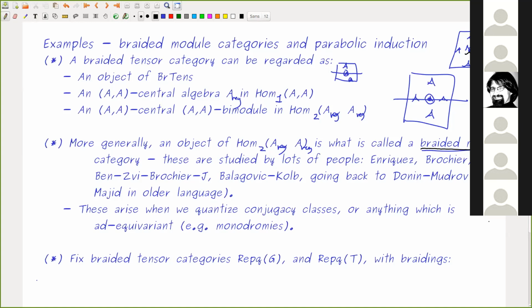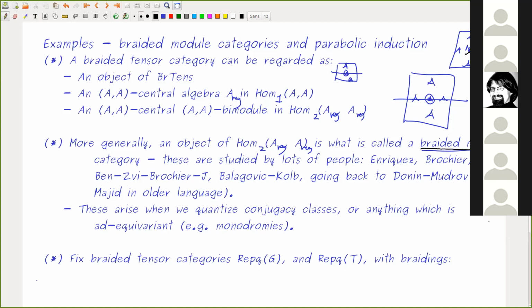They go back to early work on integrable systems of Donin and Mudrov, Majid, and so on. It's not exactly answering Greg's question, but the way that they arise is if you have something which is ad-equivariant for the group and you quantize it, then you would expect it to quantize into a braided module category. So things like conjugacy classes, anything to do with monodromies on a surface, when we quantize those spaces, we typically will get a braided module category.